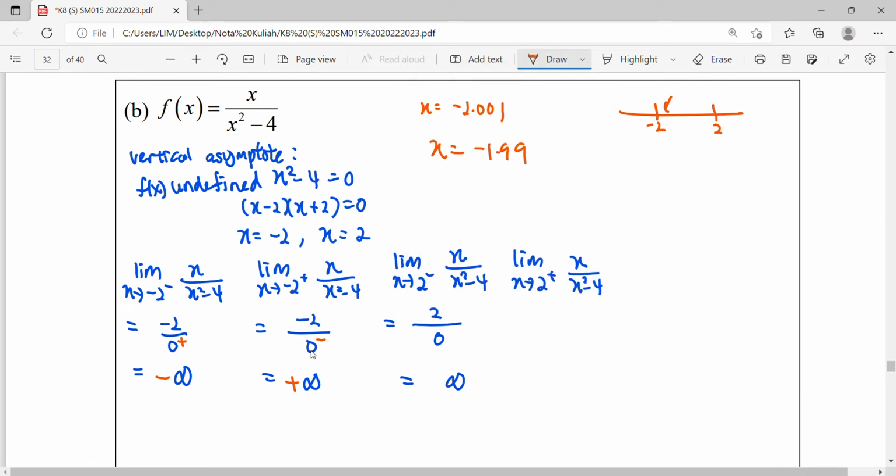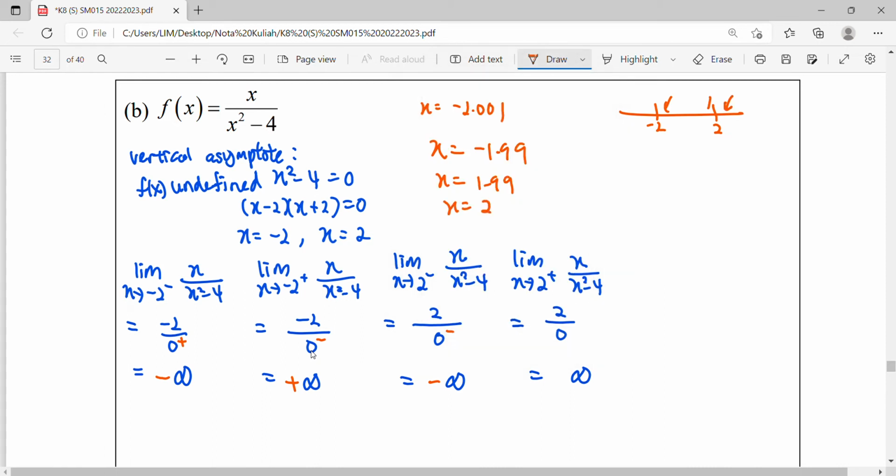2 from the left hand side means less than 2, 1.99. So here will be negative 0 point something. Positive over negative, negative. Okay, then x approaches 2 from the right hand side here.